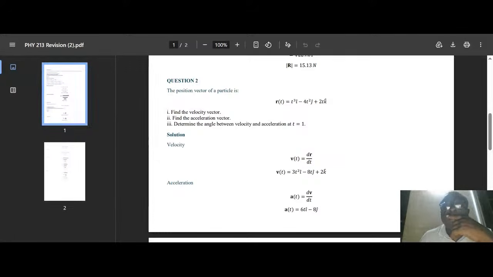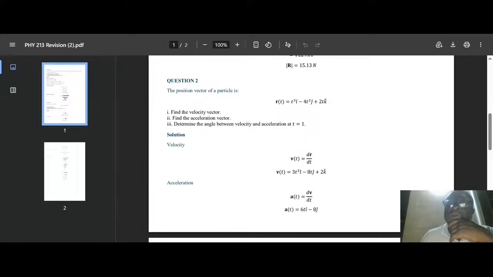Remember, this is a case of differentiation. We know that velocity is the rate of change of displacement, and displacement is our position vector.